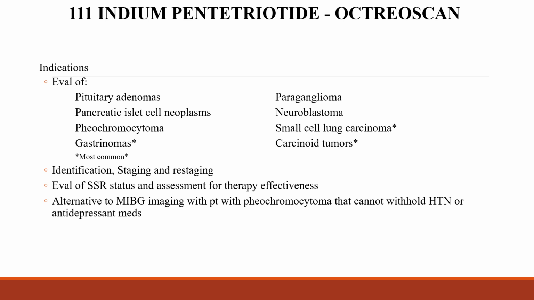Remember, MIBG has a whole laundry list of drugs you can't be on with it. And one of the problems with people with pheochromocytoma is that they can get really high blood pressure. People with neuroendocrine tumors also sometimes get anxiety and depression. And sometimes those patients cannot go off their medication in order to get the MIBG study. So that's where Octreoscan would be a better option for those patients.